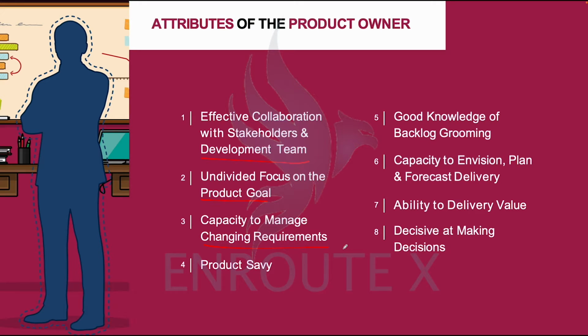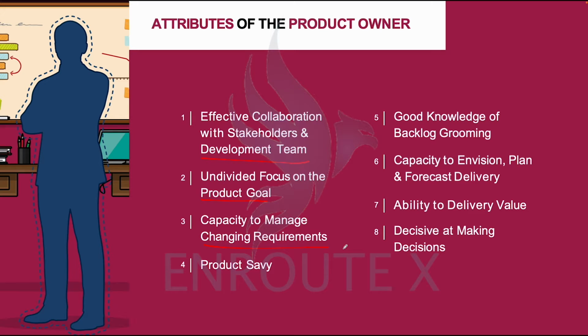Sometimes scope could also slightly change. But when those requirements are changing, the product owner must be able to manage those changes. And that is why in module 2 we mentioned that in Agile we have an adaptive product backlog. Because the product backlog is adaptive, it's able to adjust to those changes.